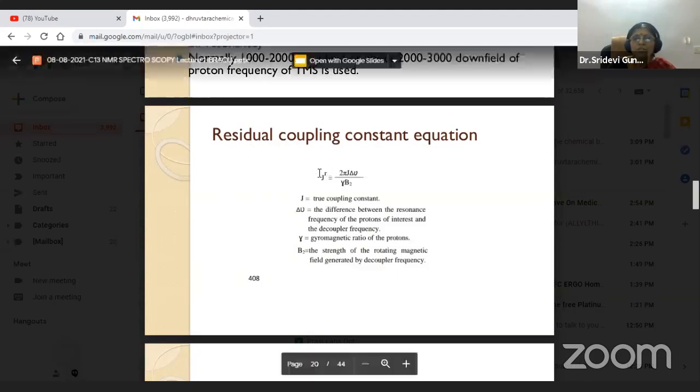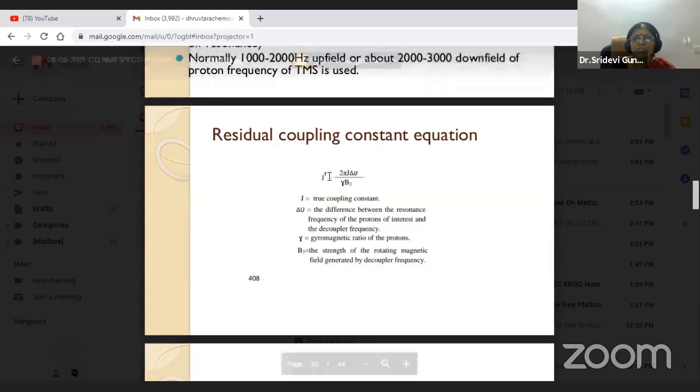That residual coupling constant is given by this equation: J residual equals J times delta nu divided by gamma B2. J is the true coupling constant, the normal spin coupling constant without any decoupling, and delta nu is the difference between the resonance frequency of the protons of interest and the decoupler frequency.